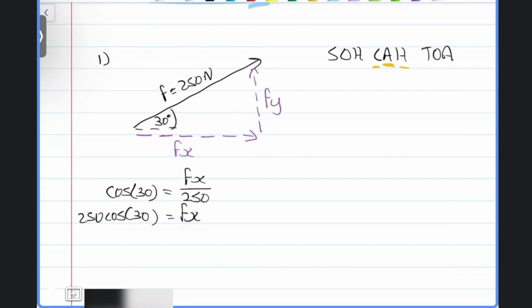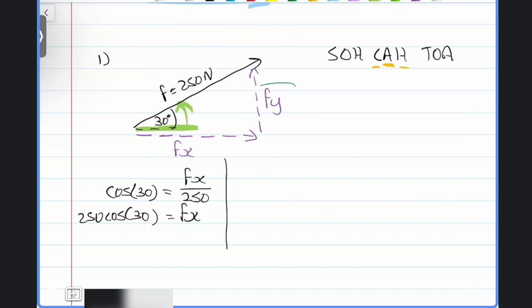Now that's important to know, that we always deal with the angle between the x-axis and our vector. That's always the angle that we deal with, the angle between the x-axis and the vector. So in this case, if you want to know the force in the y direction, we're going to use sine, right? Why am I saying we're going to use sine?